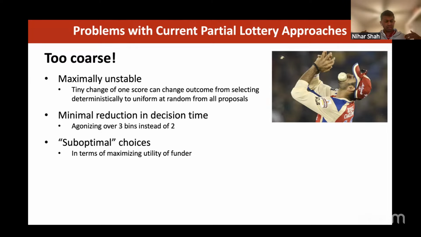So thirdly, I won't go into the details of this, but we can formally prove that from a first principles point of view, if you set up a utility function, and even make all of the assumptions that they are making, still their randomization strategies are suboptimal.